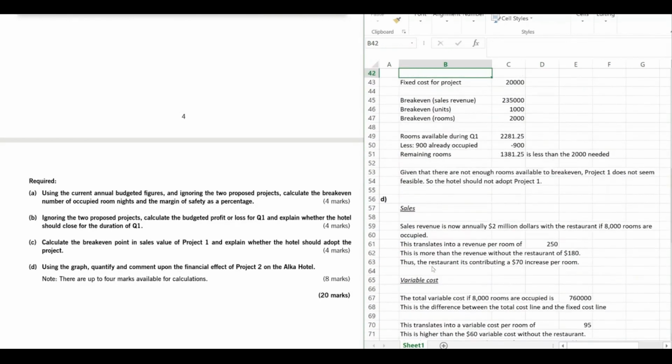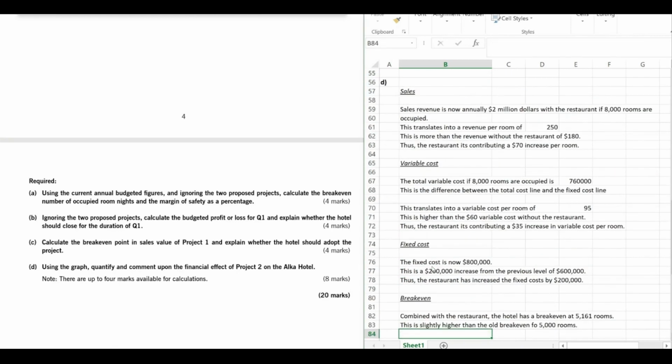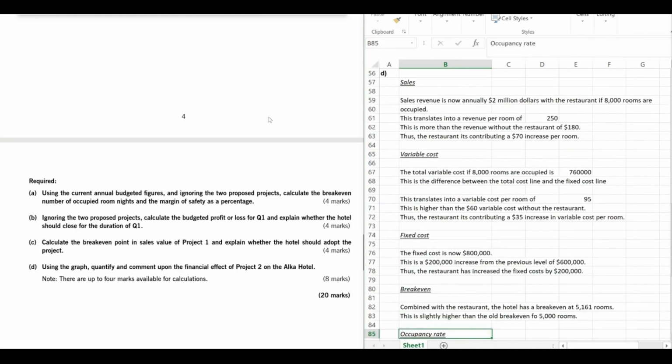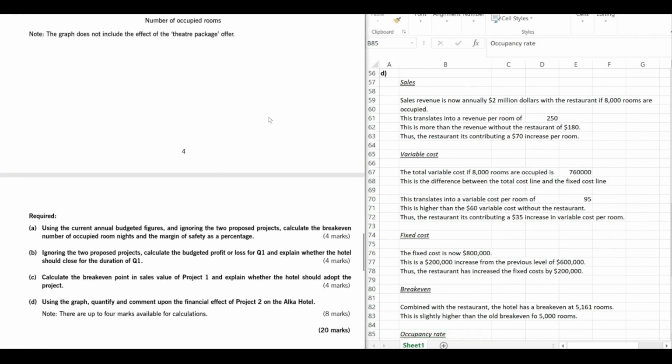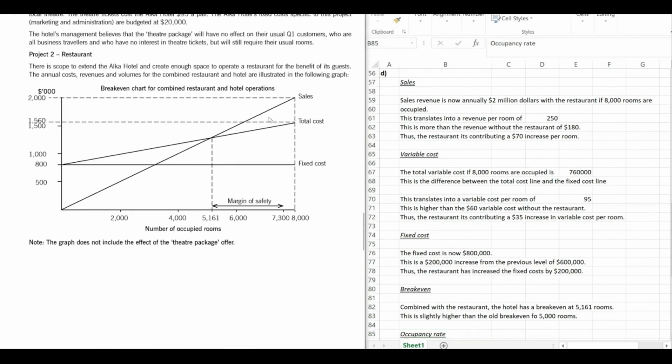Okay, so let's just analyze a few takeaways from the analysis that we did. So we broke it down into steps. First of all, we gave headings. For the CVP analysis, there's always going to be certain themes you're going to explore. Always explore the lines in the graph. So the revenue line, the total cost, we split into variable and fixed costs and analyze them separately, because analyzing total cost as a whole doesn't make too much sense, honestly.